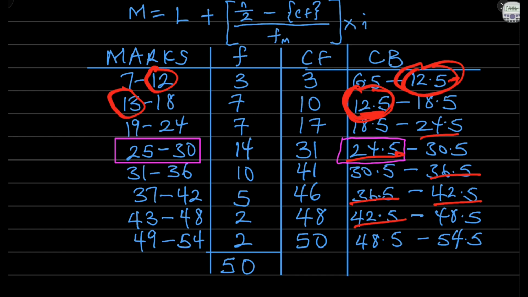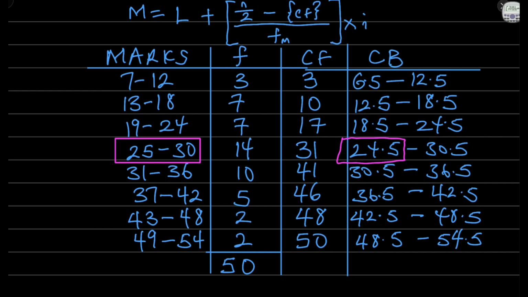You just use your lower class limits directly. But because this is of the inclusive type, we need to bridge that gap, so we introduce the class boundaries. Then we are going to be using the lower class boundary of the median class instead.